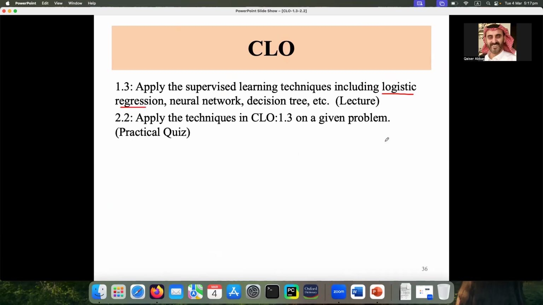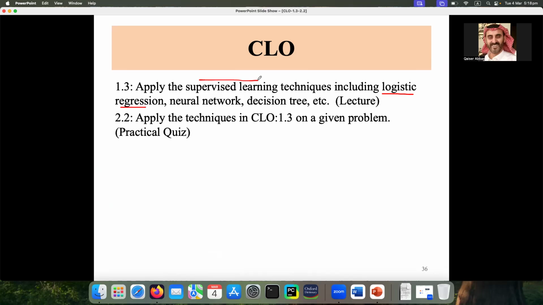If you see the CLO, we are covering supervised learning techniques. I will cover neural networks again in unsupervised learning, and there the topic would be different, a more detailed neural network. Here we will go with the simple neural network, which I'm sure you have already studied before.